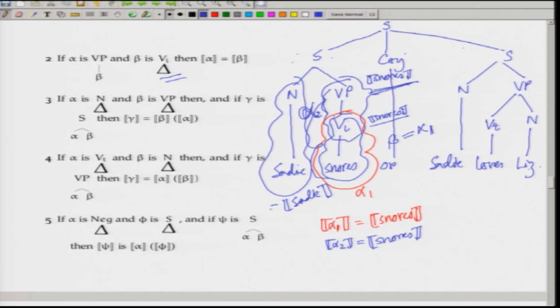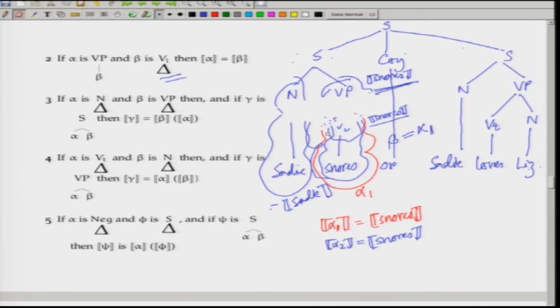So here under this you have something like this. Not that N has a reference and VP has a reference, but the entire branch N goes to Sadie has a reference, and the entire branch VP goes to Vi, that goes to snores, has a reference.